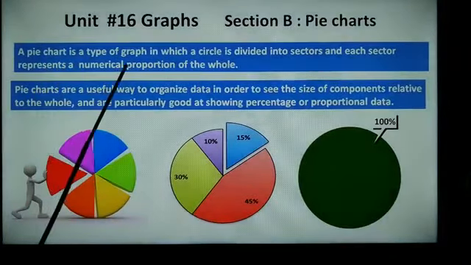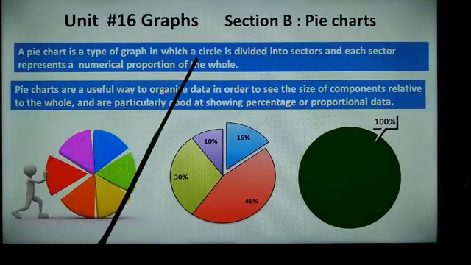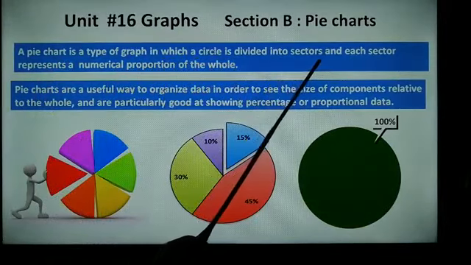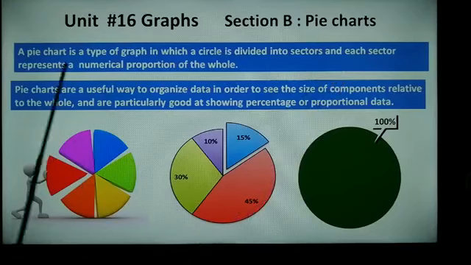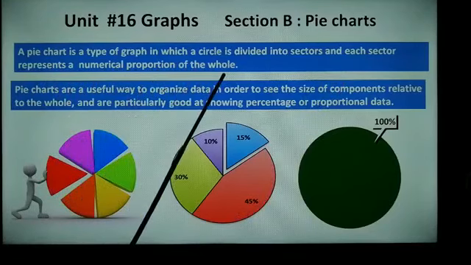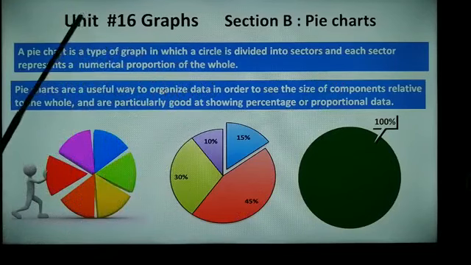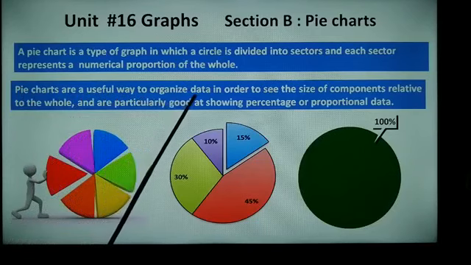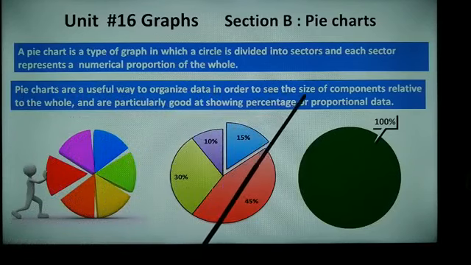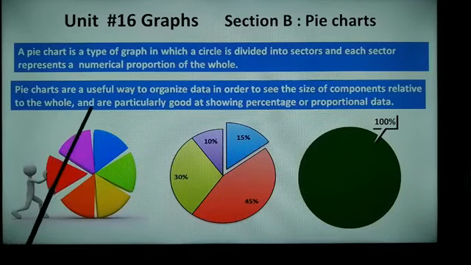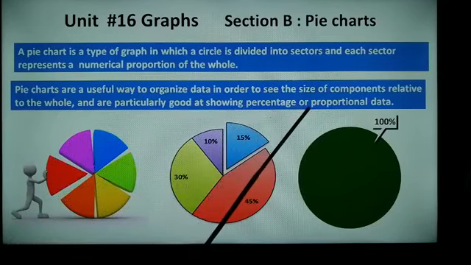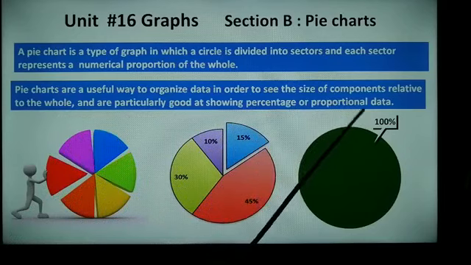A pie chart is a type of graph in which a circle is divided into sectors and each sector represents a numerical proportion of the whole. Pie charts are a useful way to organize data in order to see the size of components relative to the whole and are particularly good at showing percentage or proportional data.